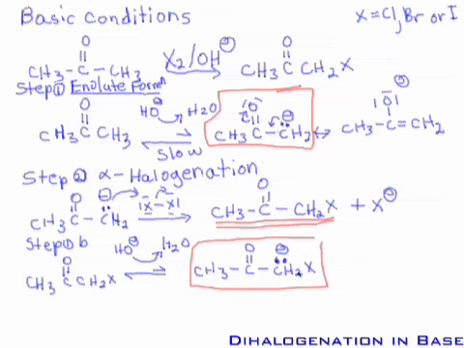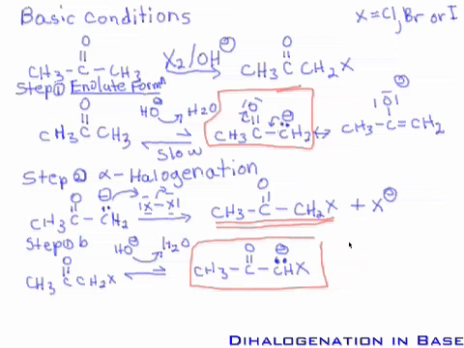Oops, that should be just an H as well. Let's fix that. So what will happen is it will go on even faster. So as you add more electronegative halogens, the process speeds up. So clearly, basic conditions are different than acidic. In acidic conditions, attack by second halogen was difficult. The reaction slowed down. But under basic conditions, the reaction speeds up.